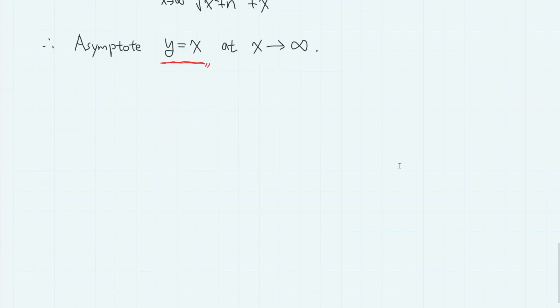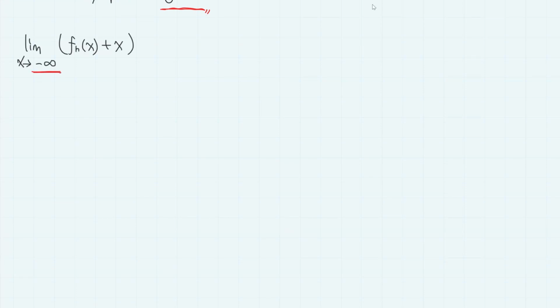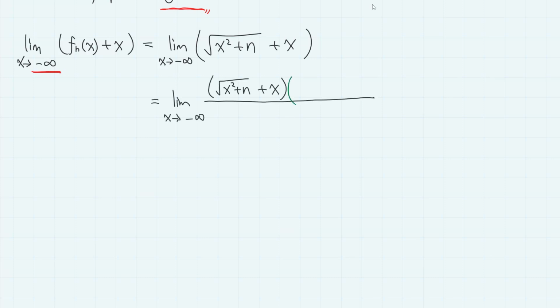Similarly, the limit of f_n(x) plus x as x approaches negative infinity is given as the limit as x approaches negative infinity of square root of x squared plus n plus x. So this time we multiply square root of x squared plus n minus x at both numerator and denominator.